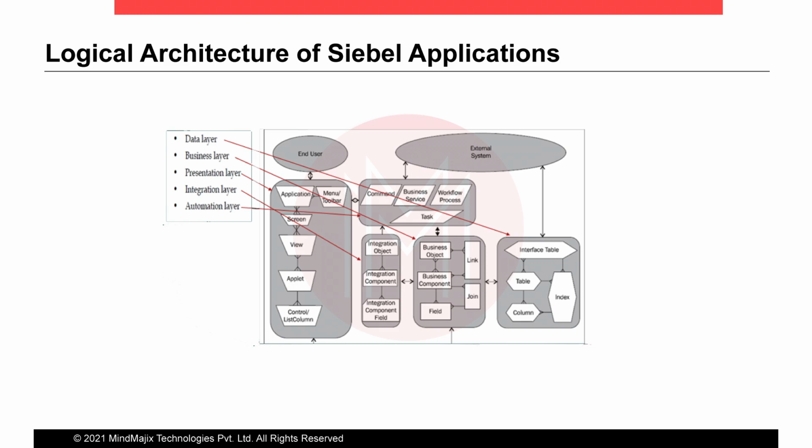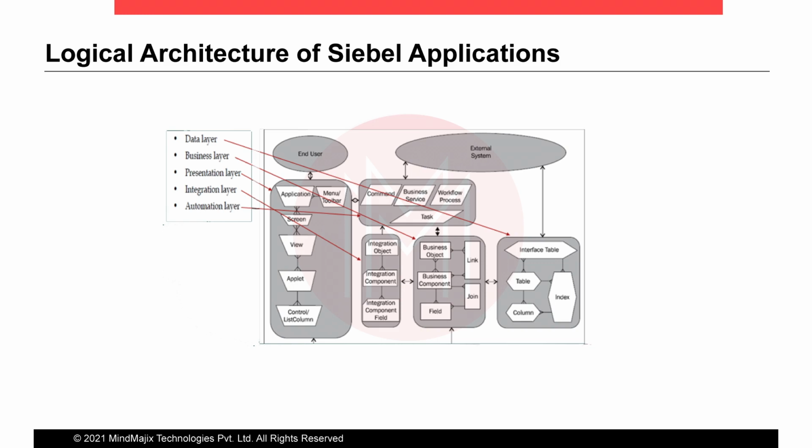For creating a table or a column, in Tools we have the data layer, where we can see how many tables are present inside our application. If we want to configure new tables, we can configure them in this particular layer. Let's say there is a requirement to create a new table, so we create a new table in Siebel Tools.